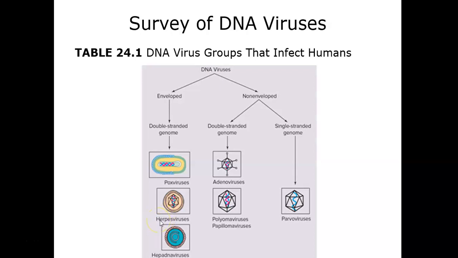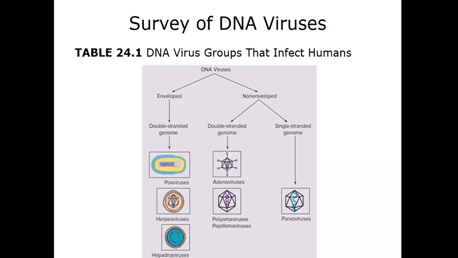HSV1 and 2 are distinguished based on their region of the body that they infect. HSV1 are usually the fever blisters or cold sores that form on the lips or around the mouth region. HSV2 is the genital lesions. We also have several other groups that we'll talk about today, such as herpes keratitis and herpetic whitlow.